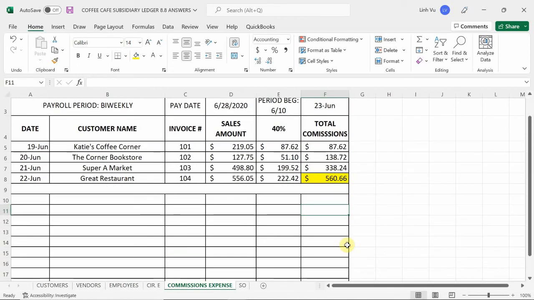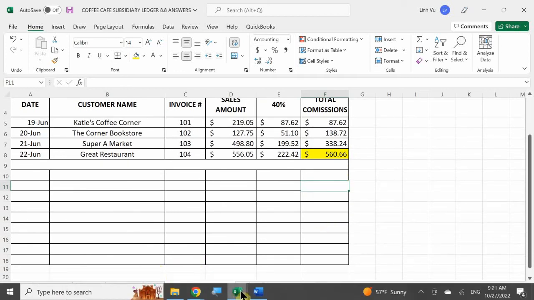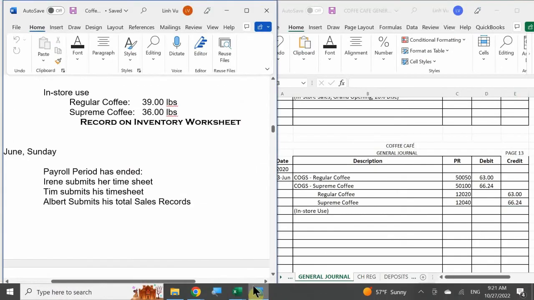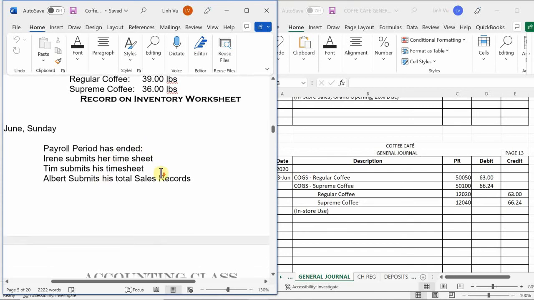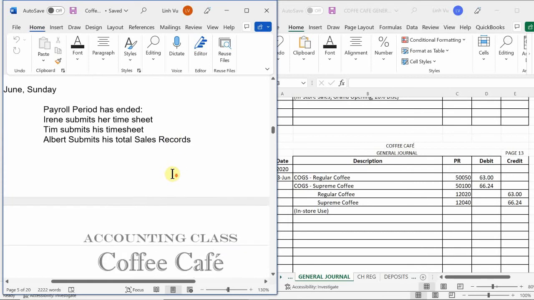Right? So we owe him $560.66. Okay. And then Tim is a salary based earning, and Irene is an hourly. So again, we need their timesheets to do this.